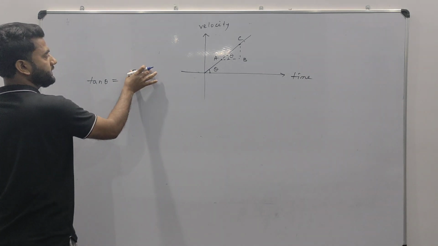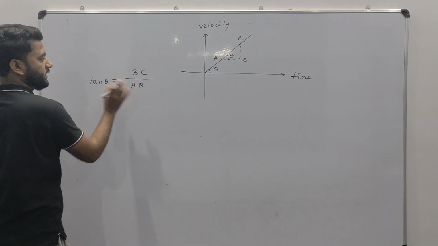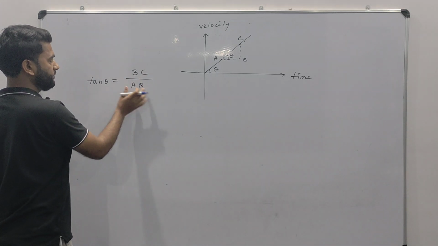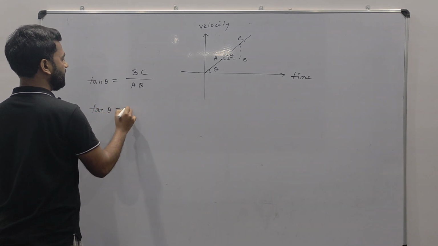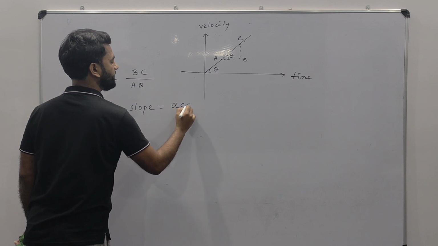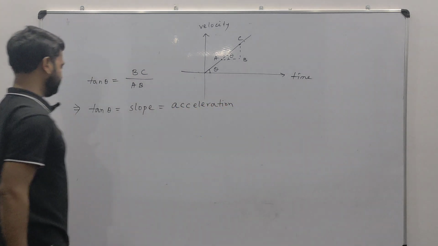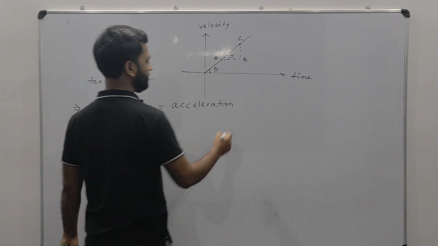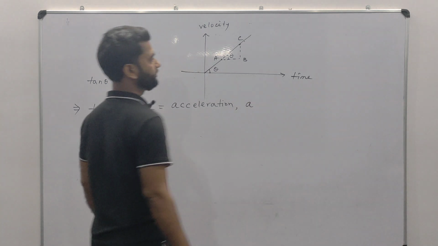Here BC is the change of the velocity and AB represents the change of the time. So it is actually the change of velocity by the change of time. That is a clear indication that tan theta, the slope, is nothing but the acceleration. So tan theta is equal to acceleration, generally represented by small a.